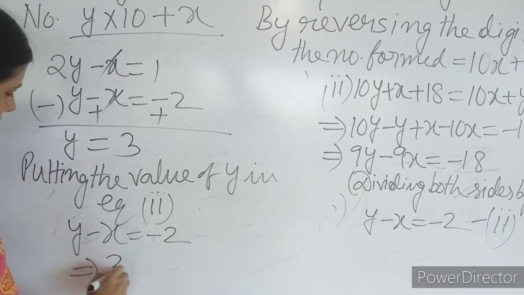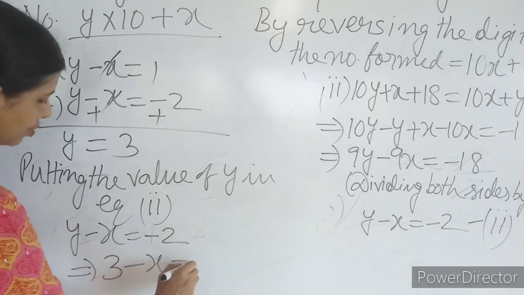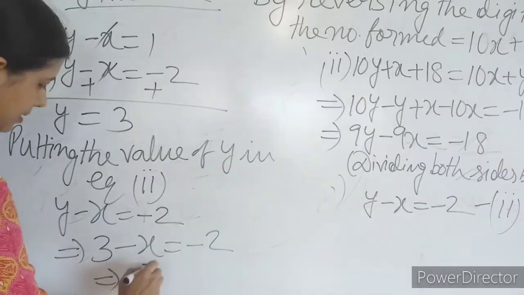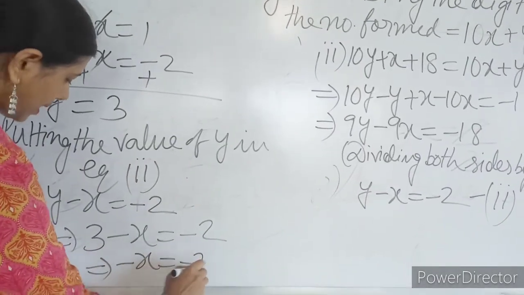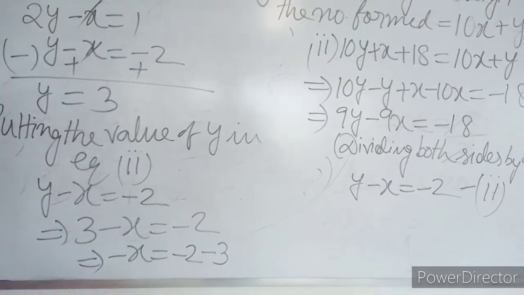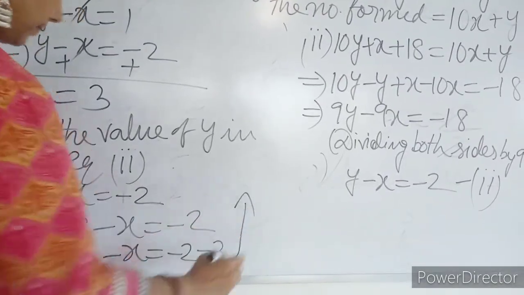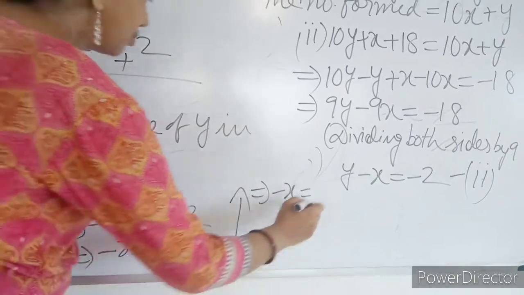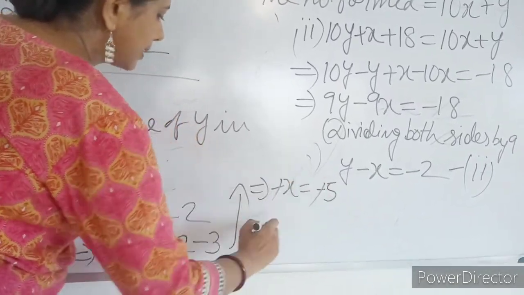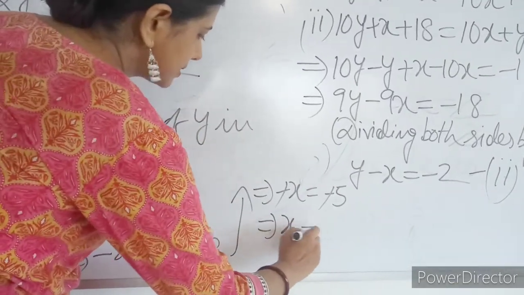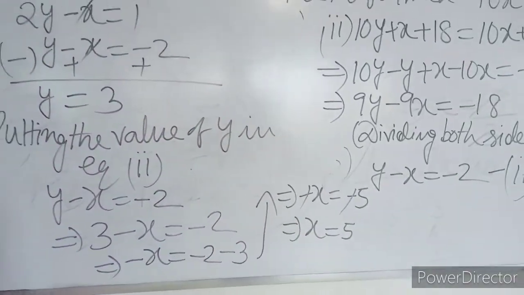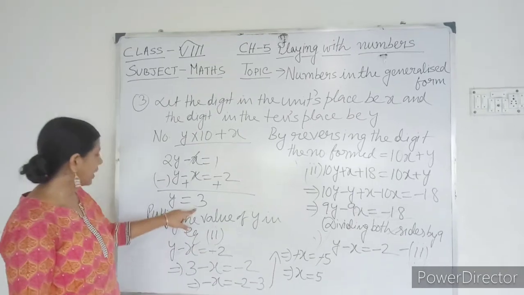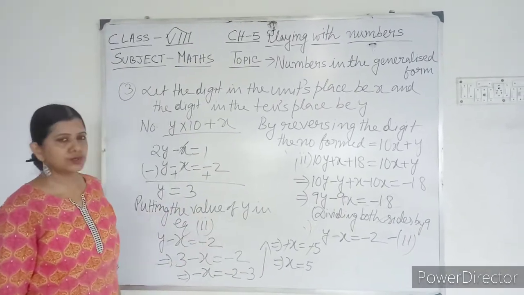That means 3 minus x equal to minus 2. So minus x equal to minus 2 minus 3, that means minus x equal to minus 5. If I cancel the signs, I get x equal to 5. So what I got is y equal to 3 and x equal to 5.